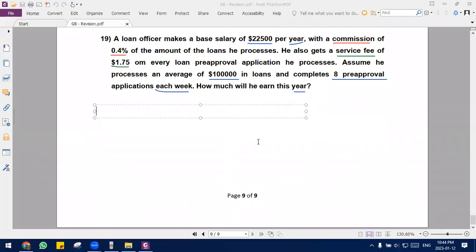We have the average loan 100,000. Now multiply by 52. He's doing $100,000 per week. I need to make it in a year, so I multiply by 52. This is equal to $5,200,000. So this is the total amount of loans that he makes in a year.